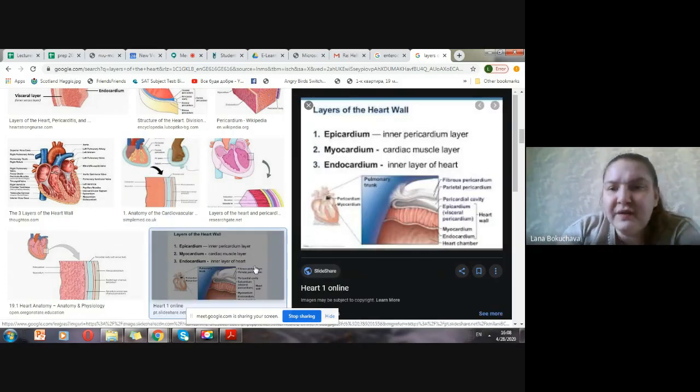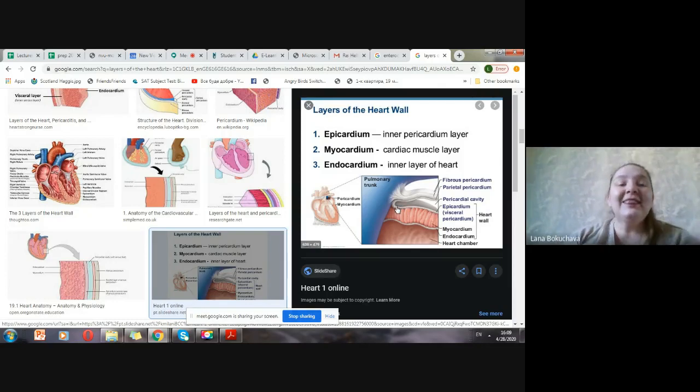Or here is also a very nice picture. So here is already the chamber. Here is the endocardium, the myocardium, and the visceral part of the pericardium, also known as the epicardium, as you can see here.